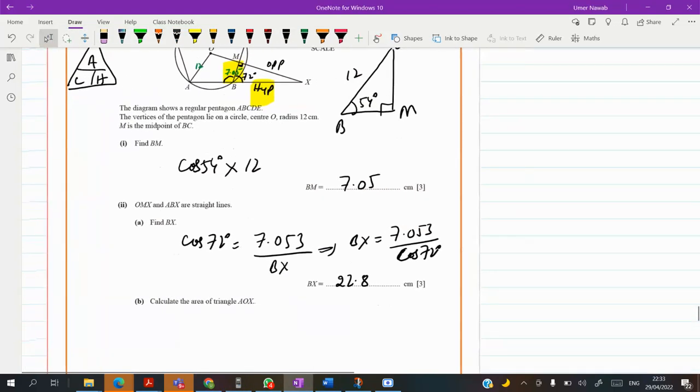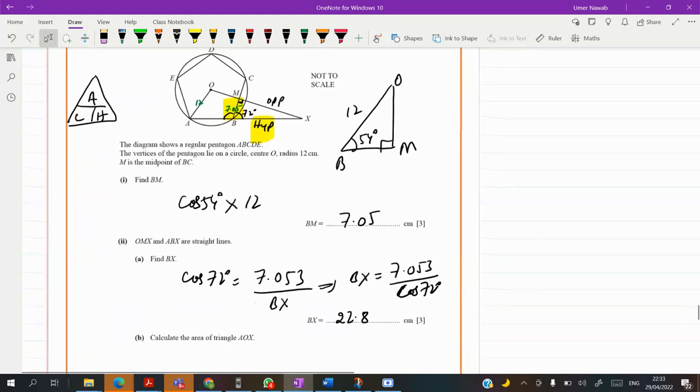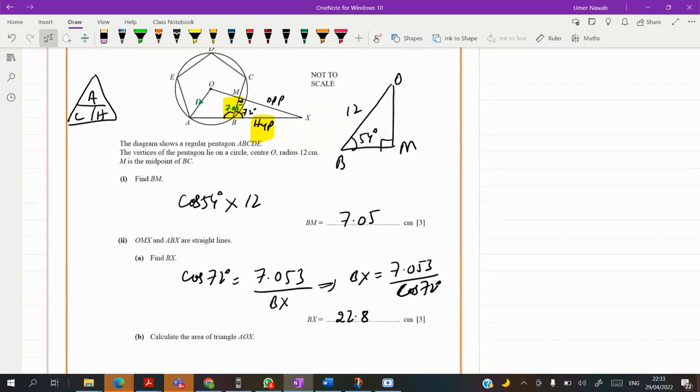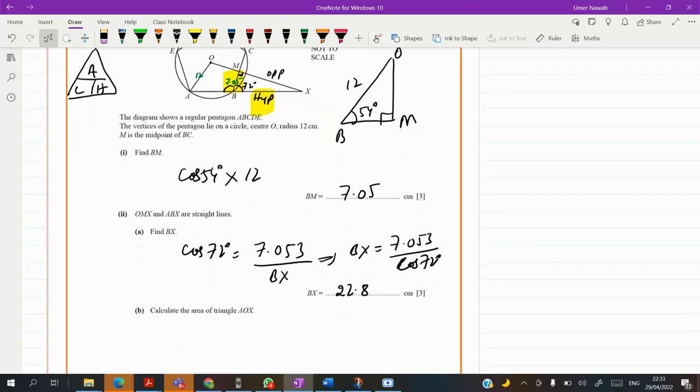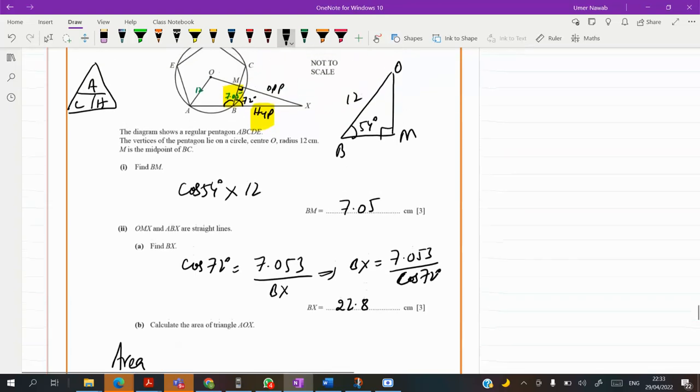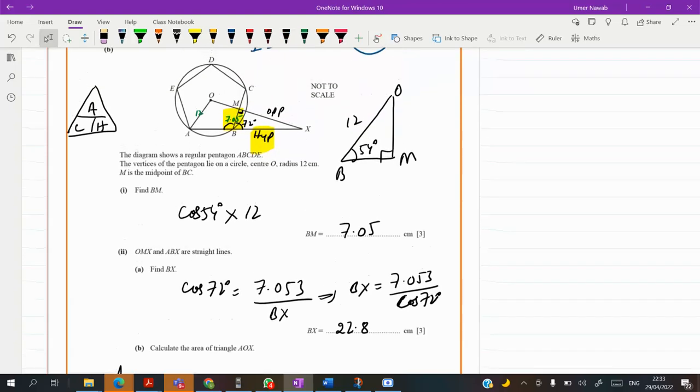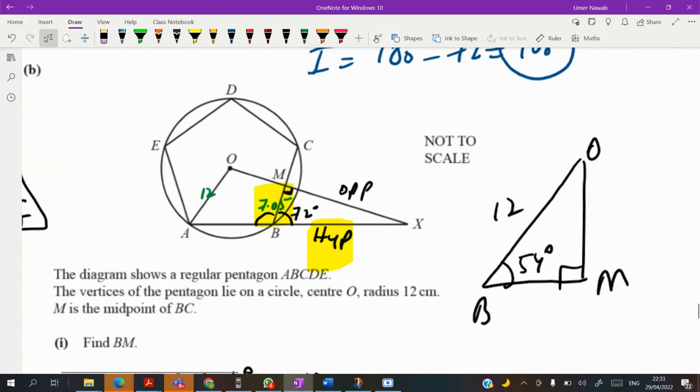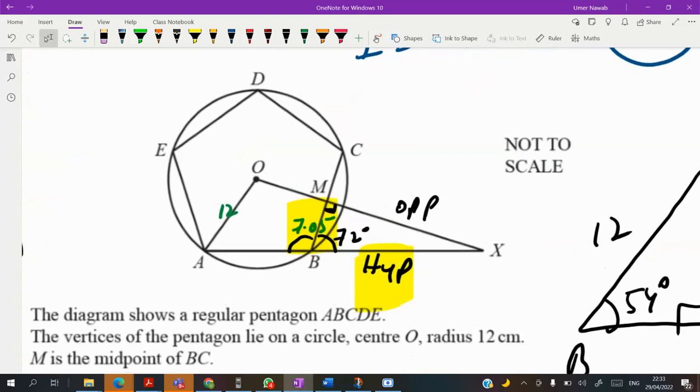Now I want to find the area of AOX. This area is to be found. So if you want to find area, what are the things required by me? My friends, very, very interesting question it is, because to find the area of the triangle, you need to know the sides.